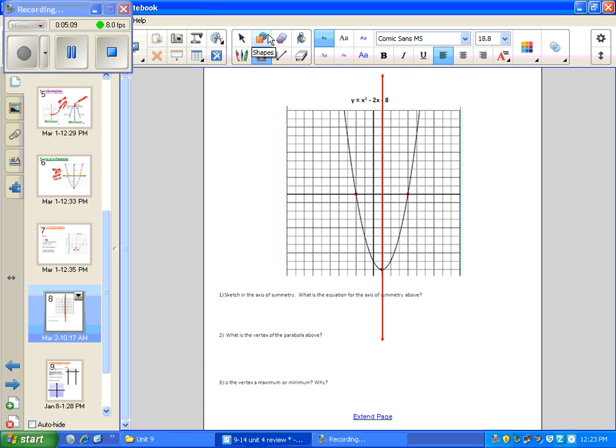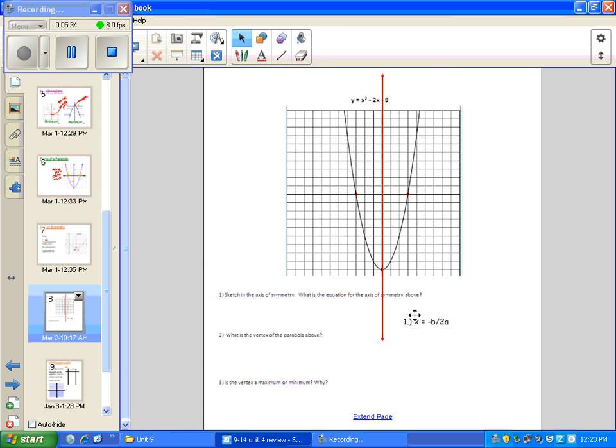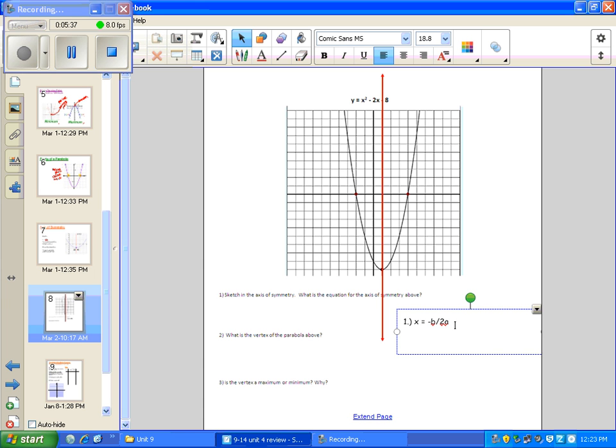So let me just put in the text. So for number 1, I would say x is equal to negative b divided by 2a. And if I look at the equation above, let's just move this for a second. Okay, b is equal to negative 2, and a is equal to 1.